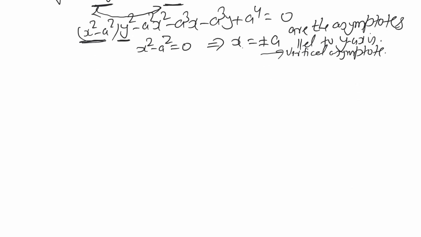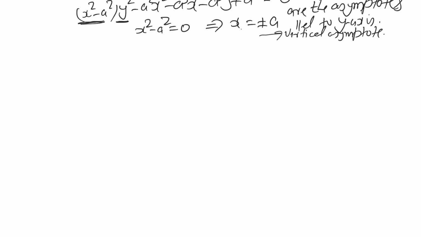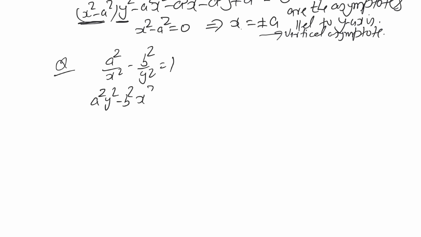Next, find the asymptotes of the curve given by a square over x square minus b square over y square is equal to 1. Take the LCM: a square y square minus b square x square divided by x square y square is equal to 1.